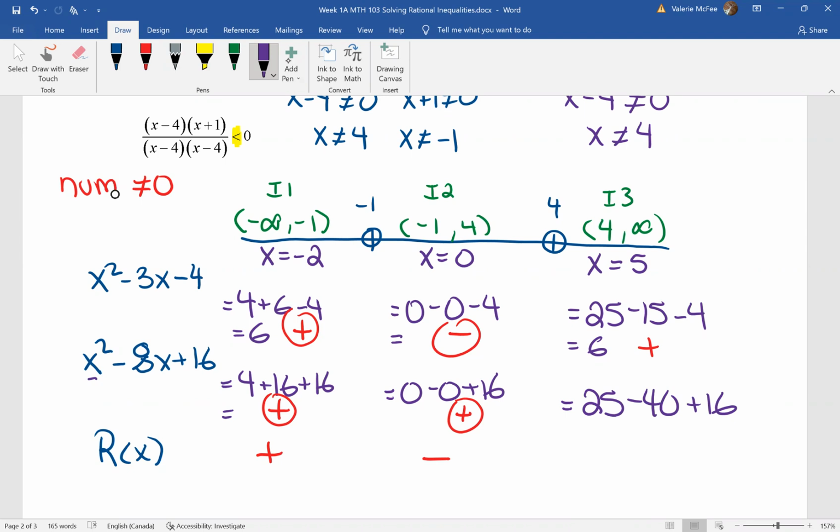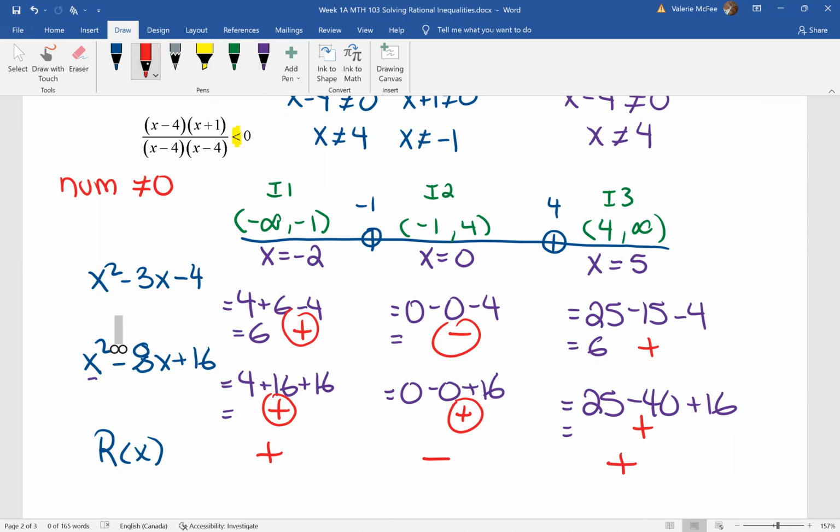I think this is also positive. Let's figure that out. 25 and 16 is 41 minus 40. It is positive. A positive divided by a positive is going to give me a positive rational expression.